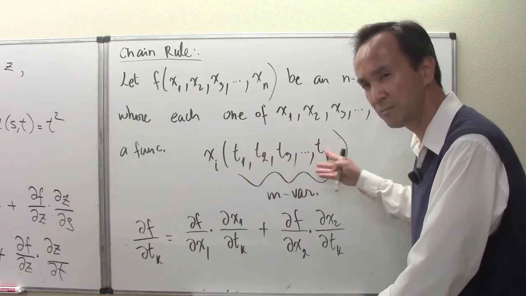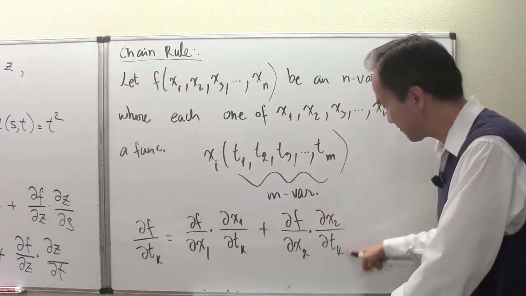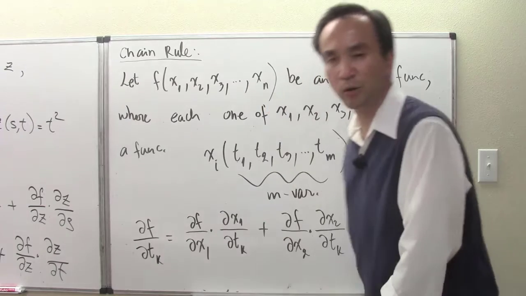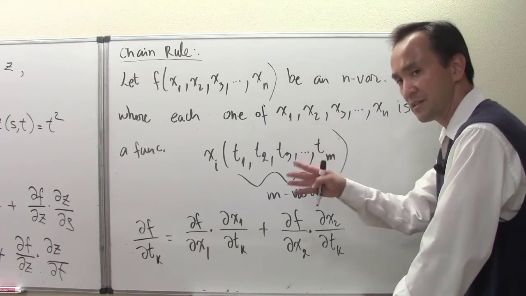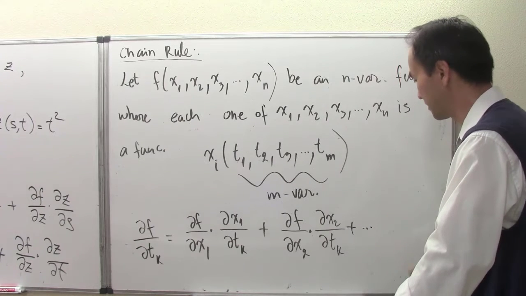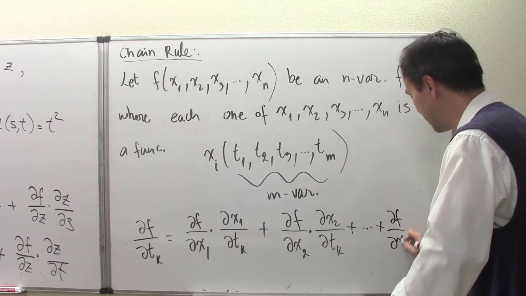K could be 3, could be m, could be whatever, but the second factor in each product here is with respect to the kth inner variable, and so on and so on, up to the last one, df over dxn.